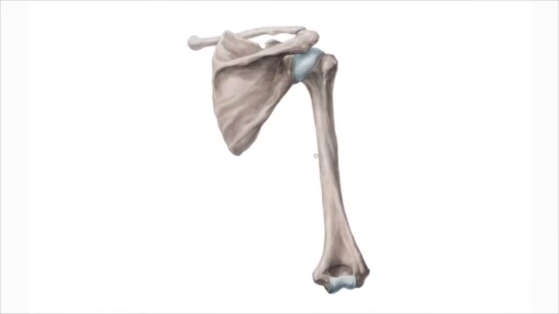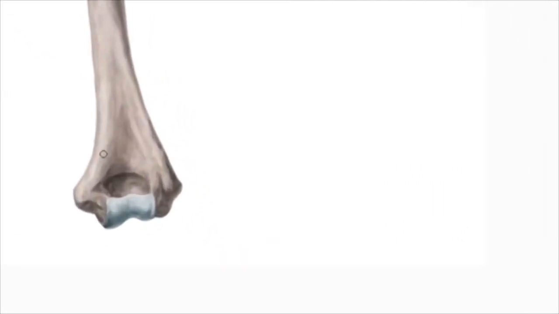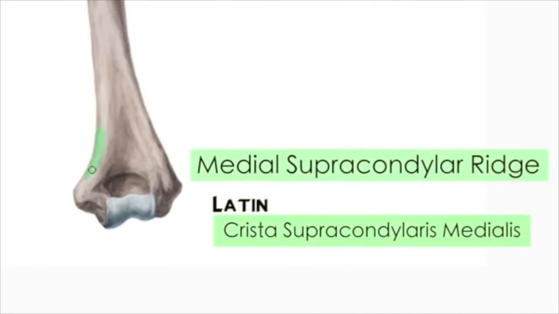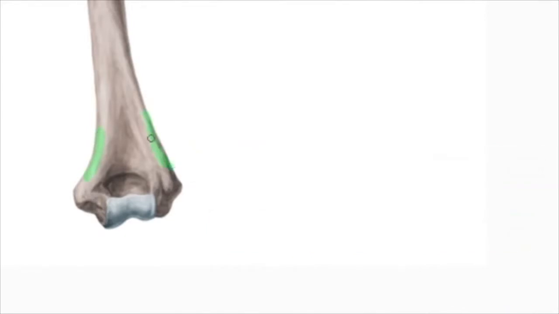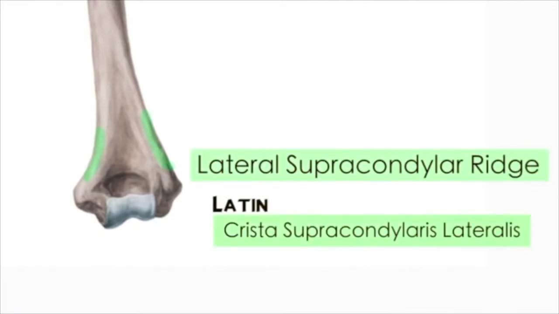Now, if we go further down or more distally, we're going to find a few structures that are important to mention. The first one is the medial supracondylar ridge, and you also find a lateral supracondylar ridge.